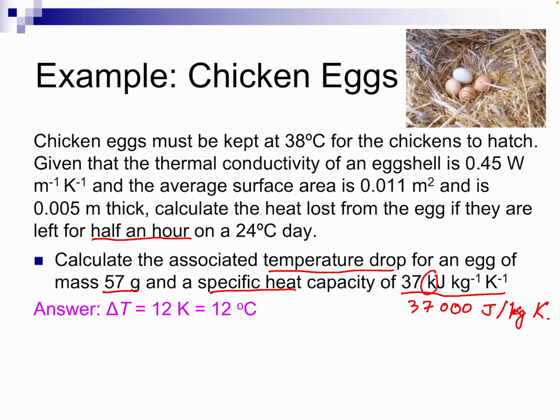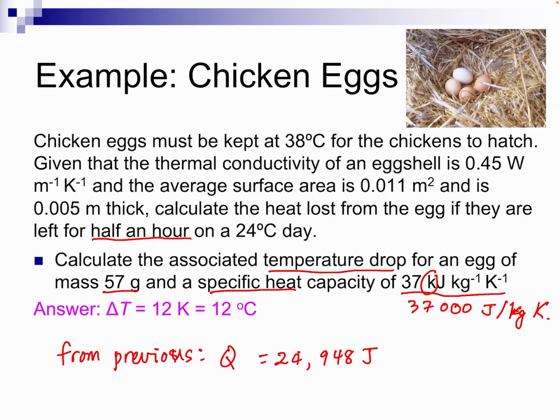Right, so how do we calculate the temperature drop? We know from the previous problem that the egg will lose 24,948 joules over half an hour.